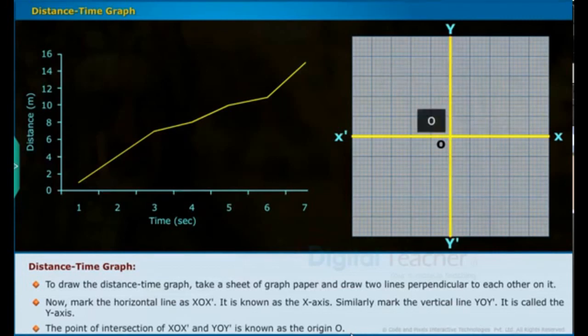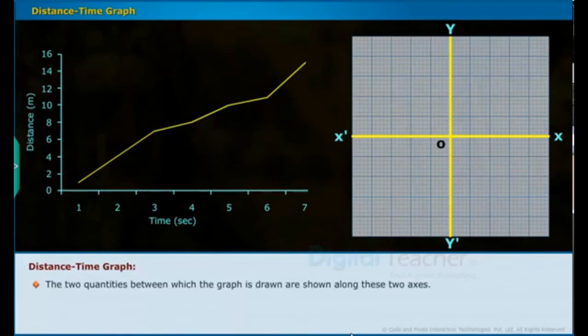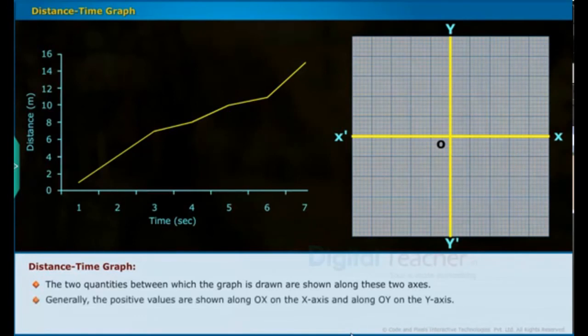The point of intersection of XOX and YOY is known as the origin O. The two quantities between which the graph is drawn are shown along these two axes. Generally, the positive values are shown along OX on the x-axis and along OY on the y-axis.